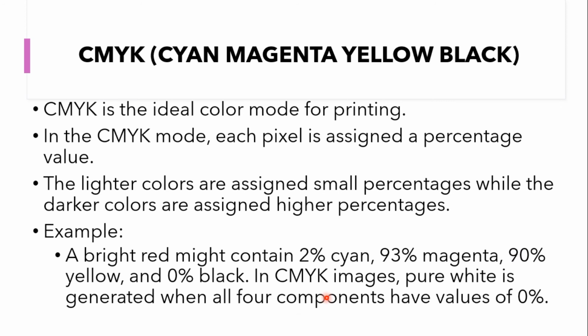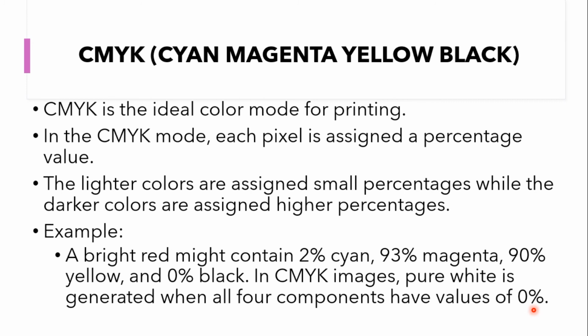In CMYK images, pure white is generated when all four components have values of 0%. Now this is different from what we talked about in RGB. For CMYK, white is generated when all four components have values of 0%. When they have values of 0%, they produce white, not black.